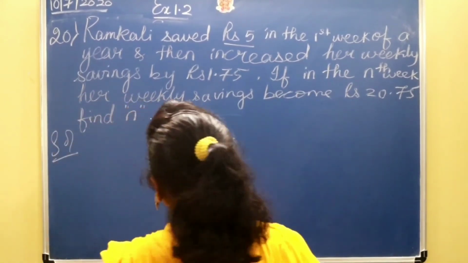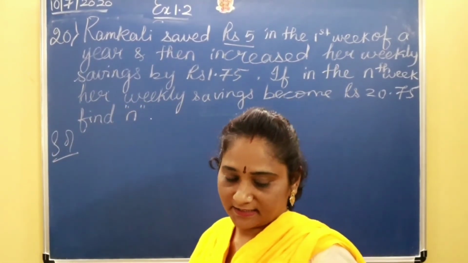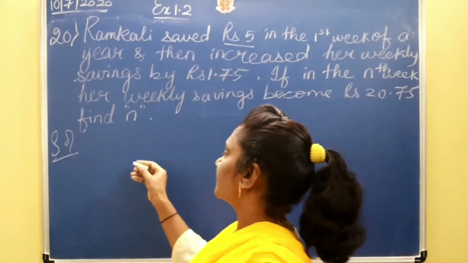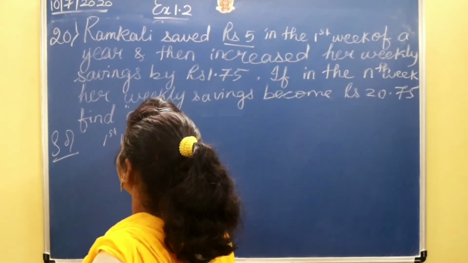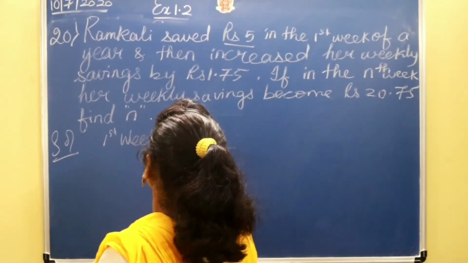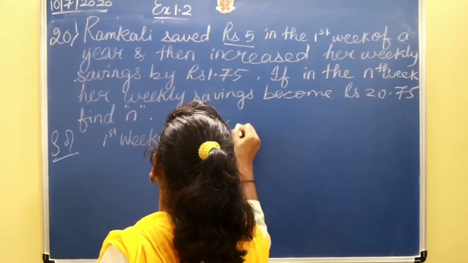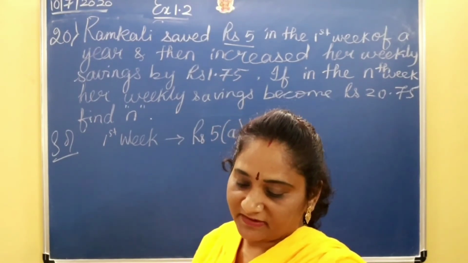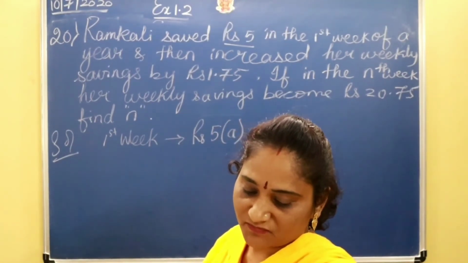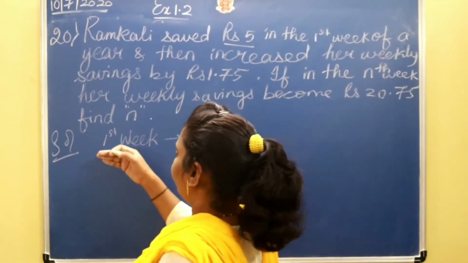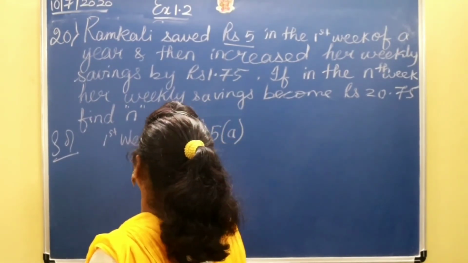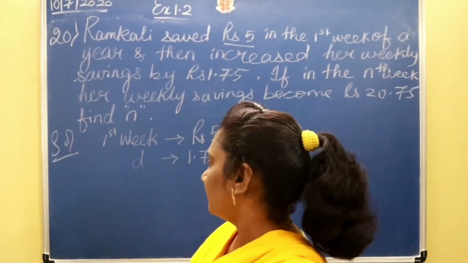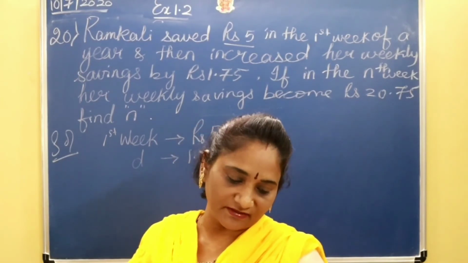Question number 20. The last sum of this exercise. Ramkali saved rupees 5 in the first week. So the first week she saved how much? Rupees 5. So this will be our A. And then increased her weekly savings by rupees 1.75. So every week she increased it, means that will be our D. So first week 5 rupees means second week it will be 6.75.